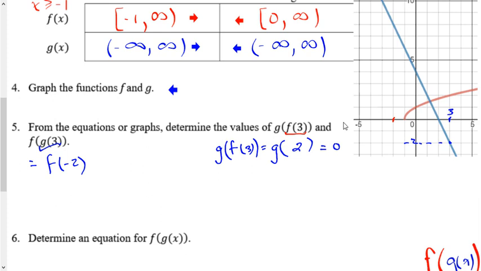So this 3 was acceptable input in the g of x function, but the output that it gave, that negative 2, is not in the domain of my f of x function. And so here, this doesn't exist. So if we were to look at the composition of functions, we would say that negative 2 is not in the domain of the composition of functions.